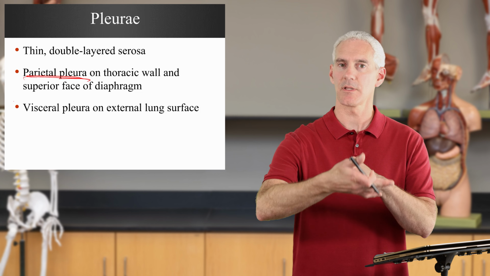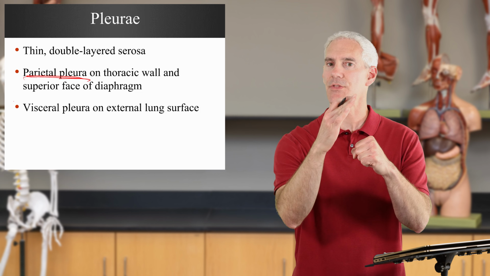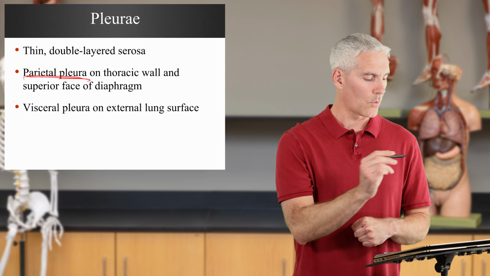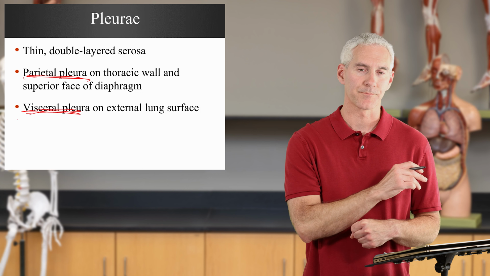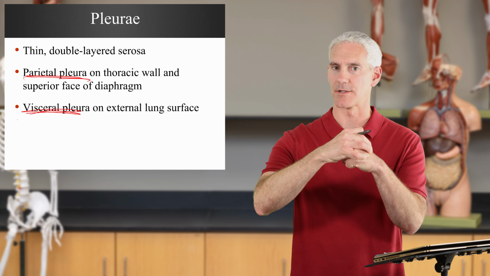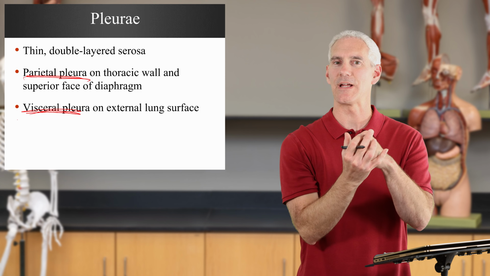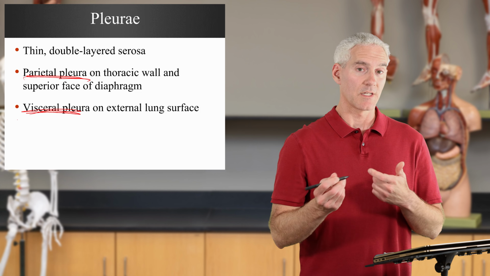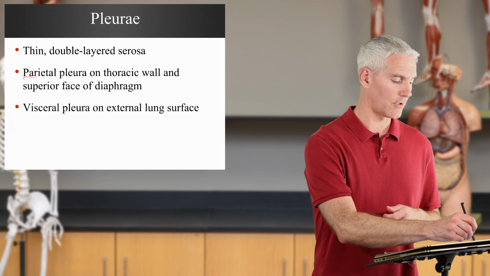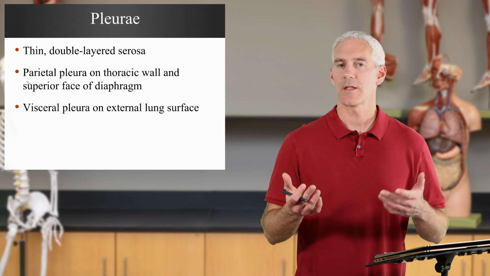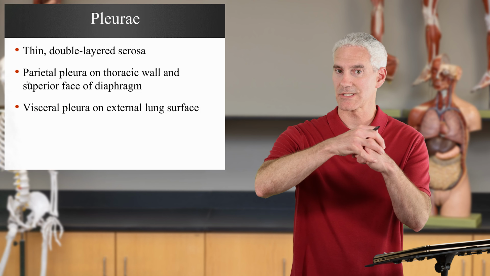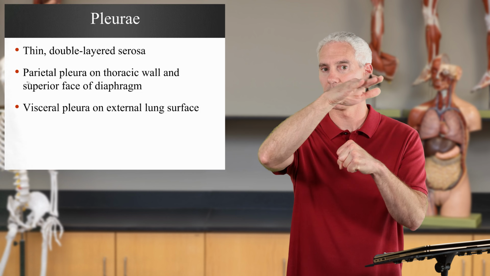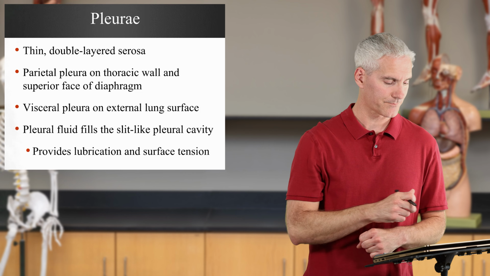So the parietal pleura is lining the thoracic cavity, while the visceral pleura is like saran wrap on the lungs. So it's wrapping very tightly around the lungs, the visceral pleura. So we have parietal and visceral pleura. Both two different membranes, visceral tight to the lungs, parietal is lining the cavity.